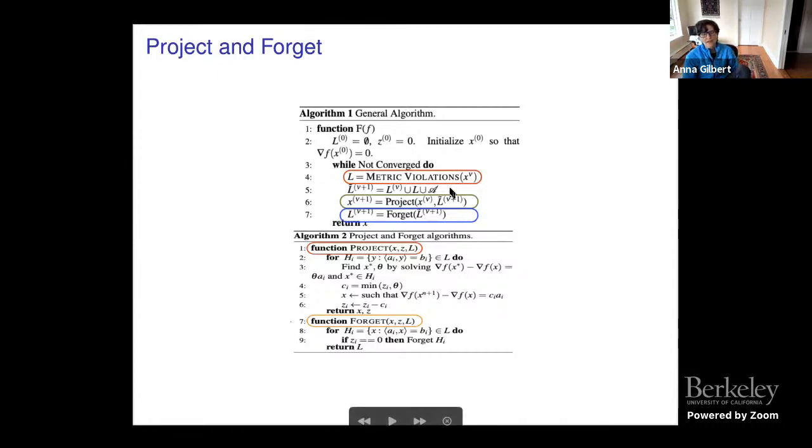We throw that list into our current list of constraints that we need to do something about. We do a Bregman projection onto the hyperplanes defined by those constraints. And then we look to see, is there anything that we didn't update? And if so, forget that constraint. So you can see, this is the Bregman projection. This is the forget step.